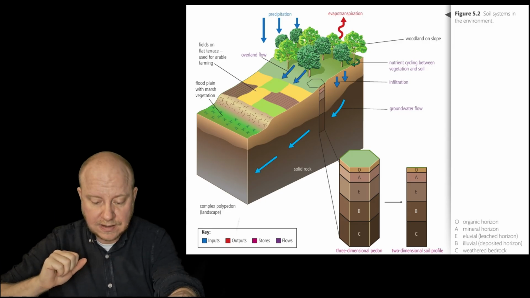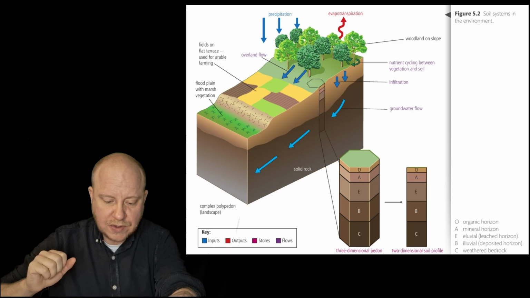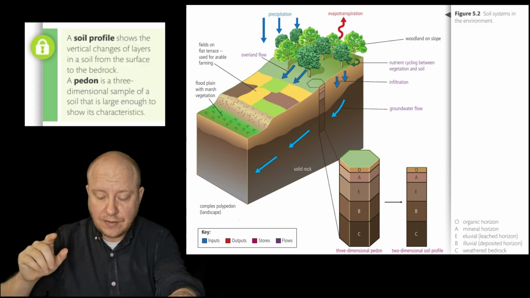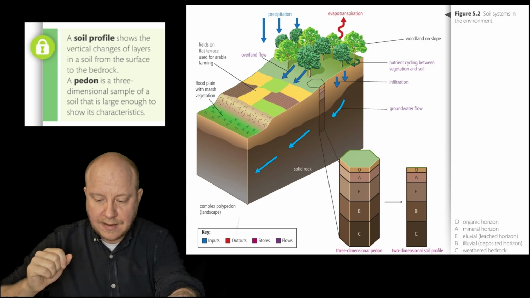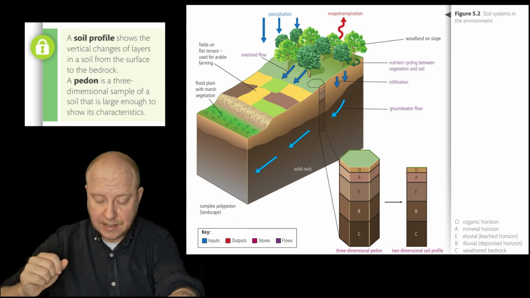That's not by accident. Although most diagrams of soils show them as a 2-dimensional soil profile, they are in fact 3-dimensional features and are sometimes referred to as pedons. Okay, so a pedon is a 3-dimensional diagram of soil.